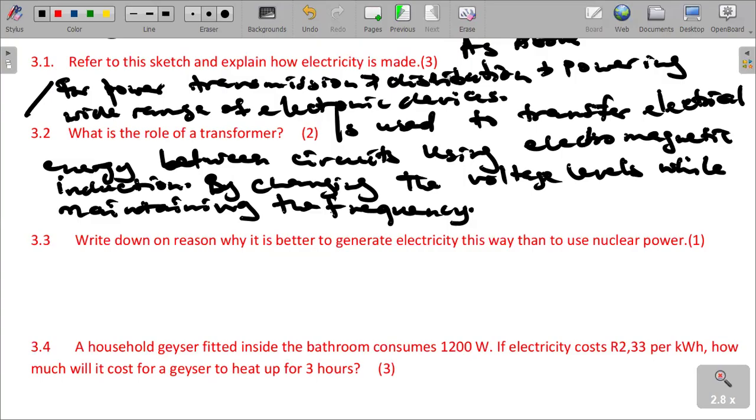Write down one reason why it is better to generate electricity this way than to use nuclear power. Nuclear power leaves radioactive waste that is dangerous to humans and the environment.